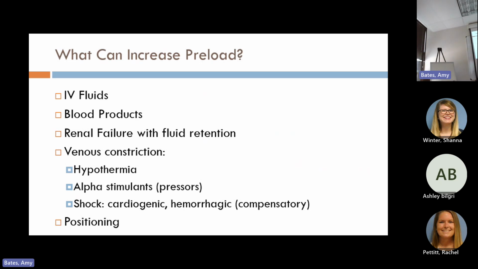Alpha stimulants like pressors, and then cardiogenic shock and hemorrhagic shock, those are compensatory. So the body constricts the blood vessels and it increases your preload, and then positioning, right? When you do the passive leg raise, or you put their head down, or you put them in reverse Trendelenburg, you're trying to passively get the preload back up to the heart.